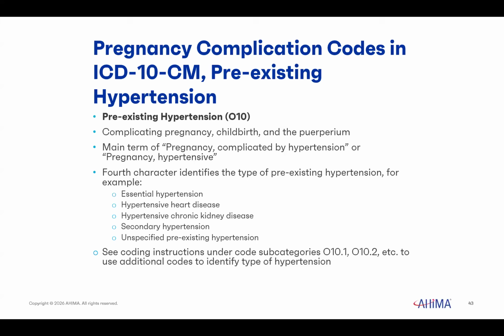There are specific coding instructions under code subcategories O10.1, O10.2, and others that will tell us to use additional codes to identify the hypertension.